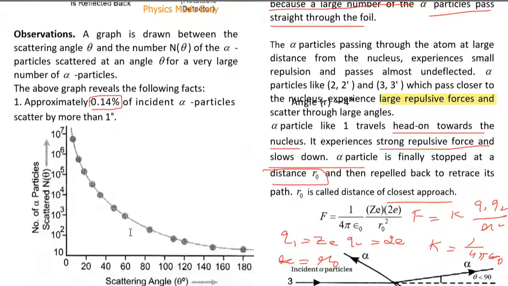There were some important observations. As the angle of scattering increases, the number of alpha particles scattered goes on decreasing.